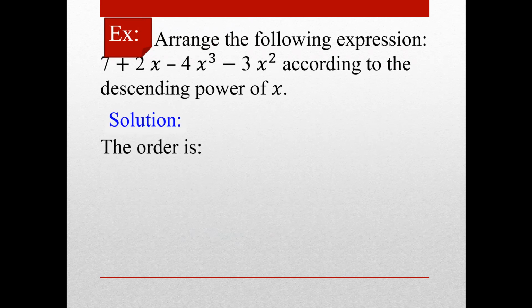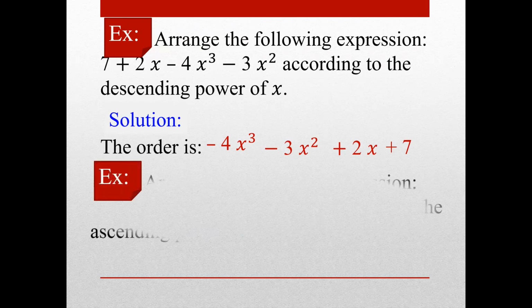Third power, 4x power 3. So the first one would be negative 4x power 3. Then the second degree, negative 3x power 2. Then first degree, positive 2x. Then the last one, 0 degree, positive 7.